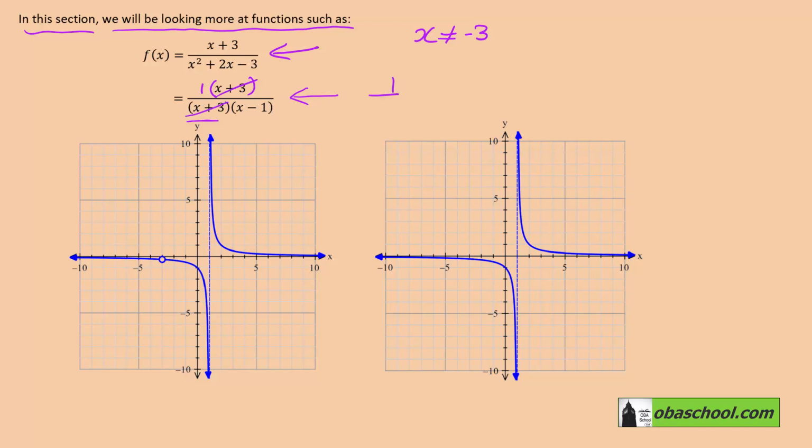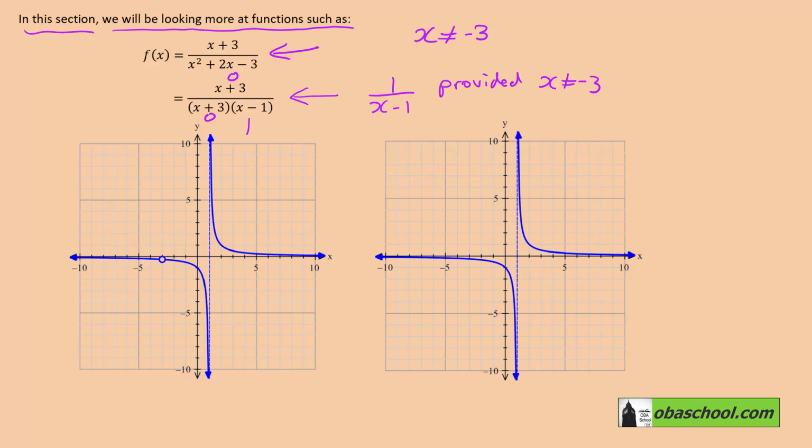So we would get 1/(x − 1), provided x is not equal to −3. However, if we include the possibility of it being equal to −3, we can't just cancel it because that would be 0 over 0, and that is undefined.